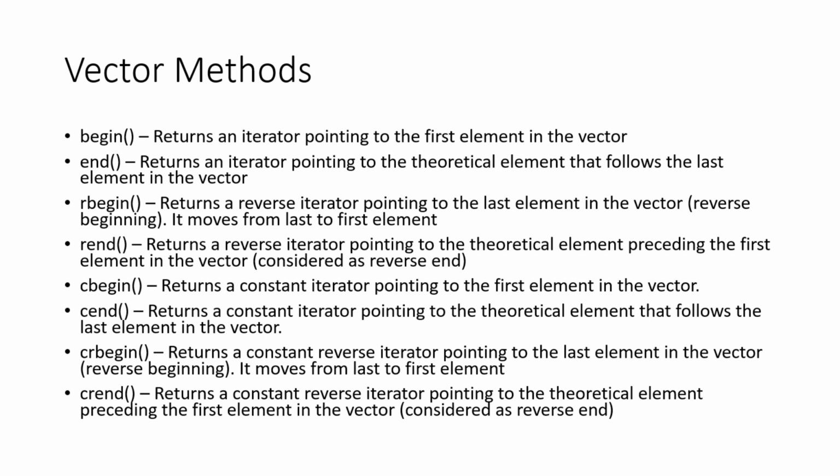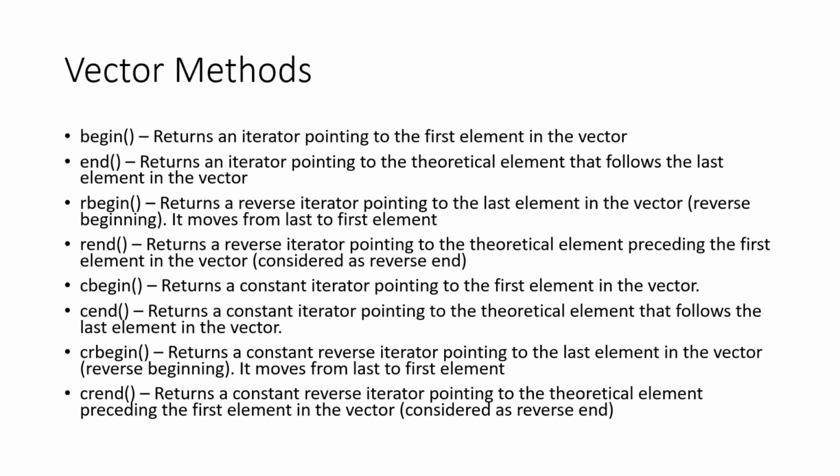Begin gives you the first element, and here's a tricky thing about end. End does not give you the last element in the vector. Instead, it gives you a point after it. So if your last element is number 7, it's going to give you the point after number 7. So if you're looking at the very last element, you want to do end minus 1.